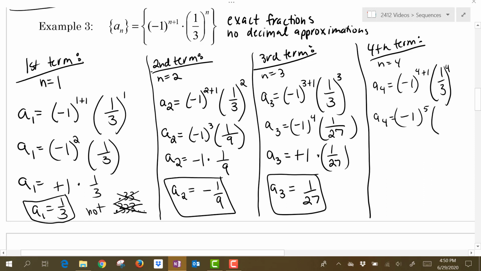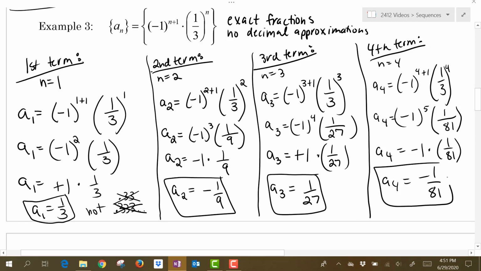Raise the top to the power of 4, so 1 to the power of 4 is 1. 3 to the power of 4 is 81. 5 is an odd exponent, so that gives us -1 times 1/81. So the fourth term of our sequence is -1/81. Okay, we could keep going and finding the fifth and sixth and so on terms, but we're only asked to find the first 4.